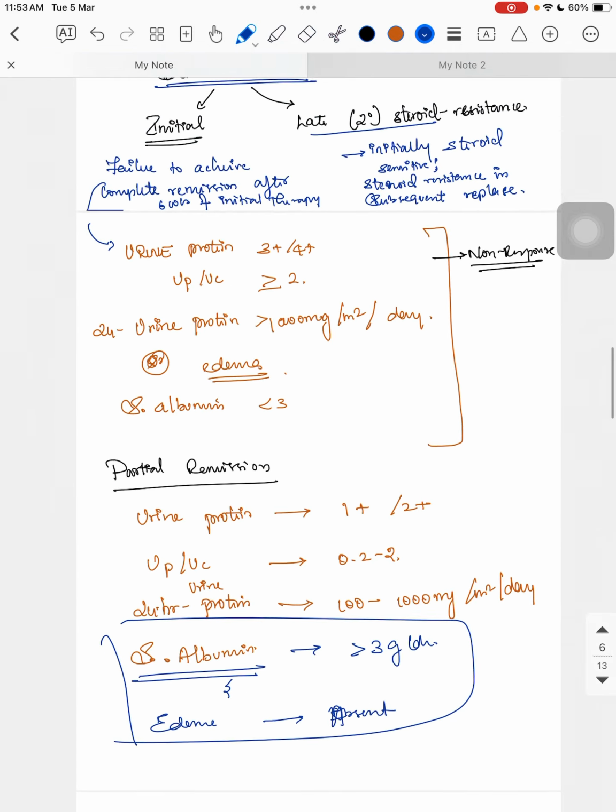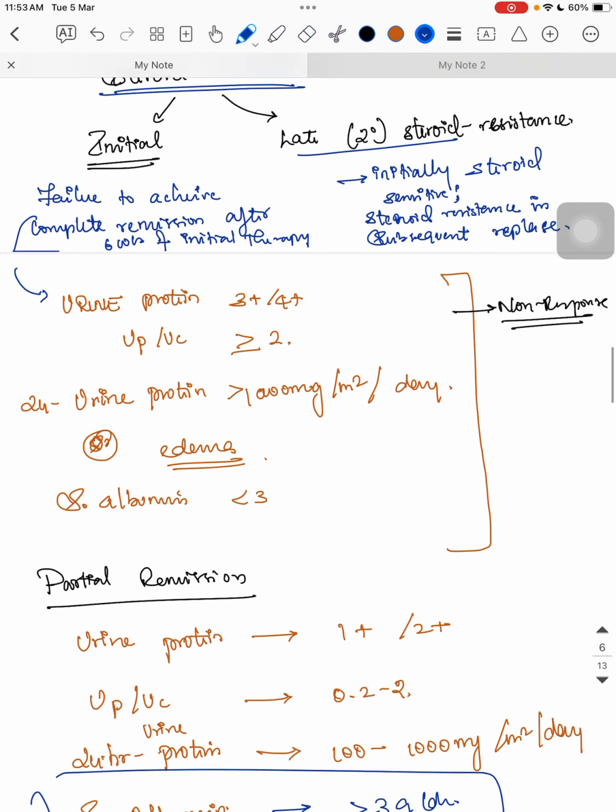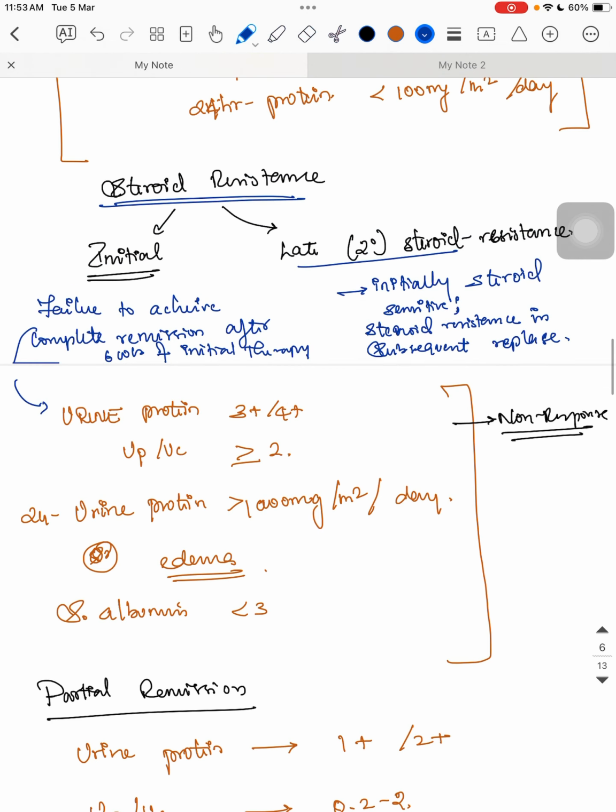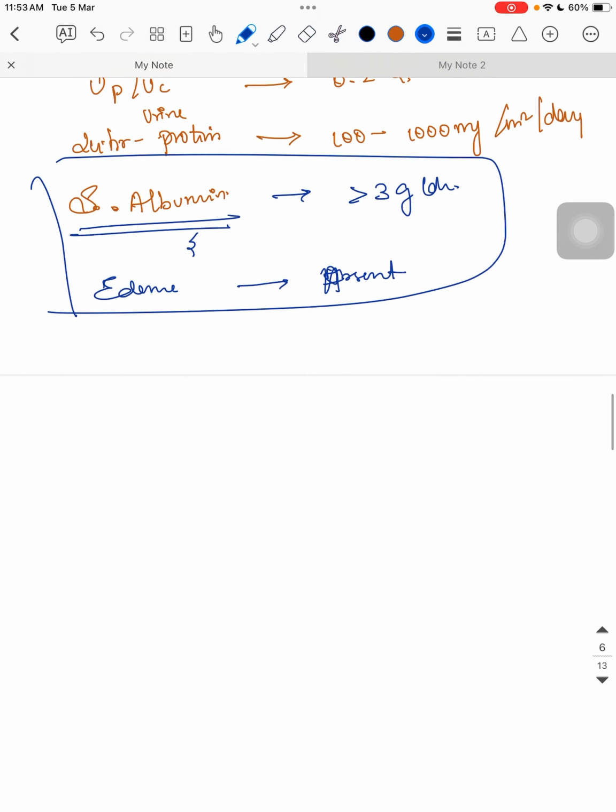This can be asked in your viva session: what is non-response, what is partial remission, what is steroid resistant, initial steroid resistant and late steroid resistant. Next, what are the investigations when you find a child to have steroid resistant nephrotic syndrome?